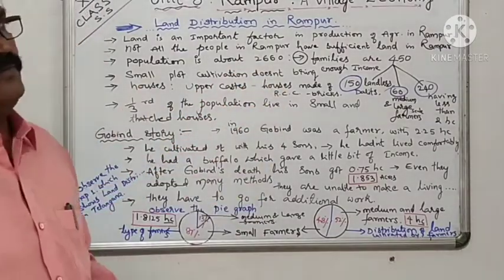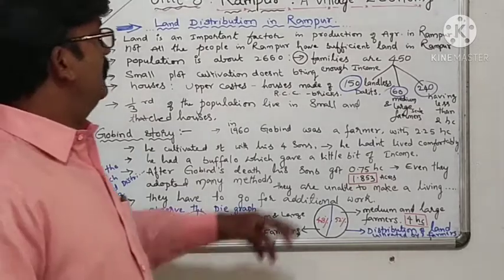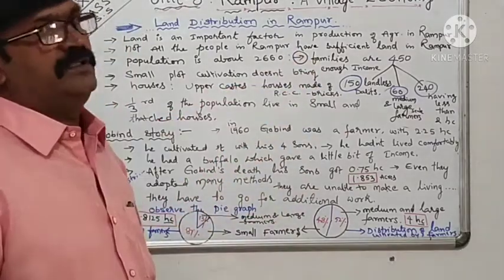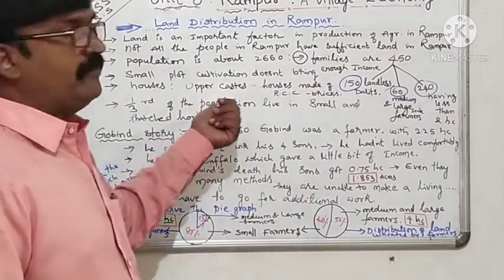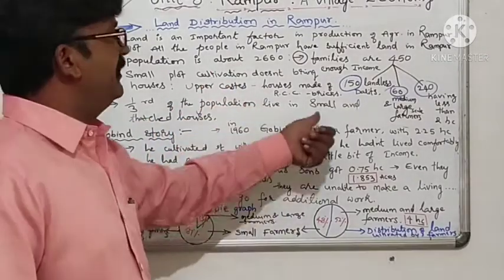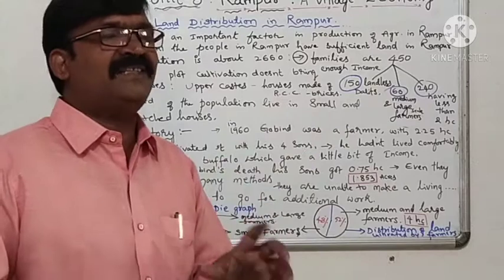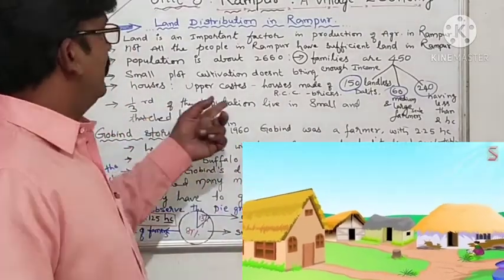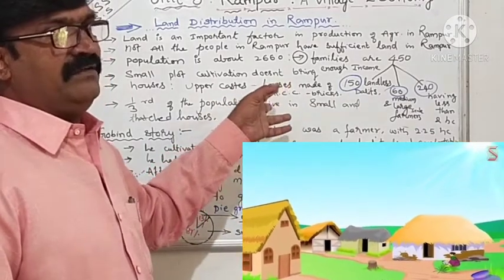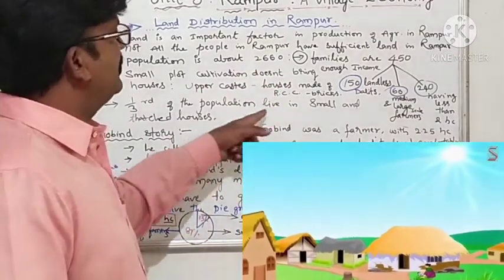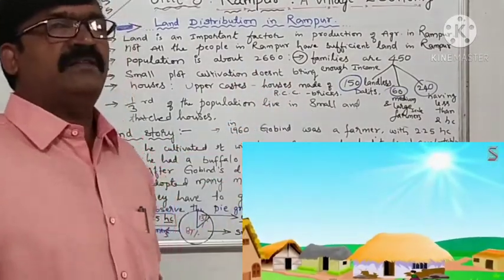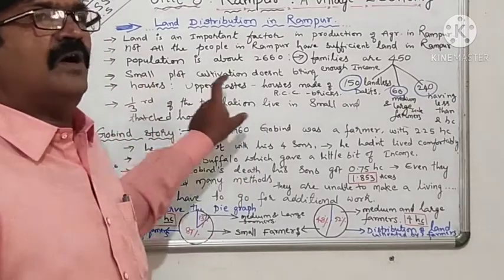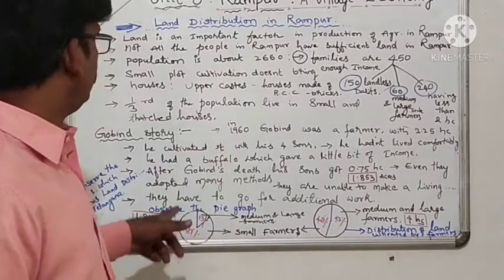Whereas one-third of the population, nearly, let us think about 3,000, nearly 1,000 population is living in small thatched houses, like huts. This is the scene of housing in Rampur.